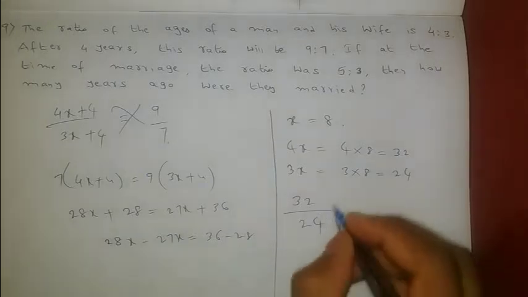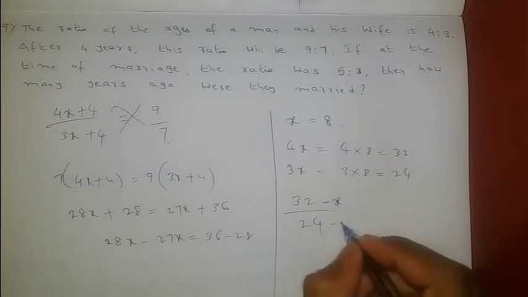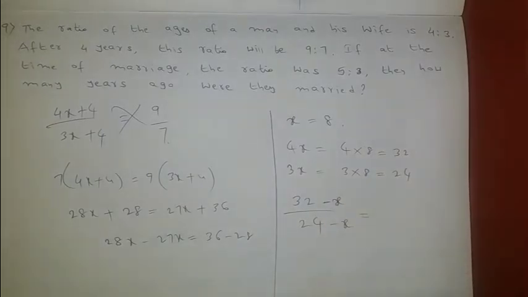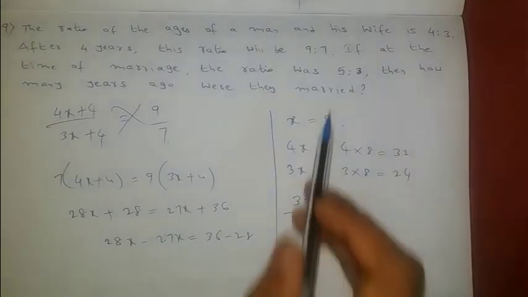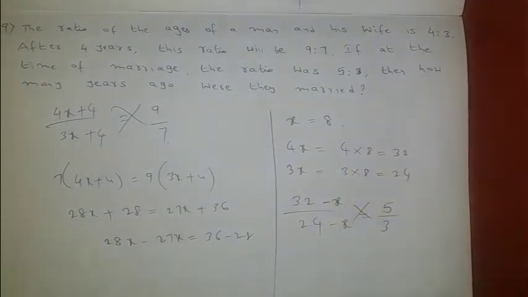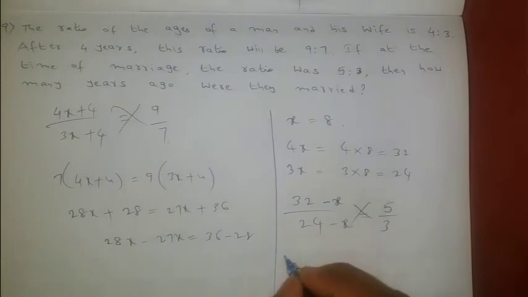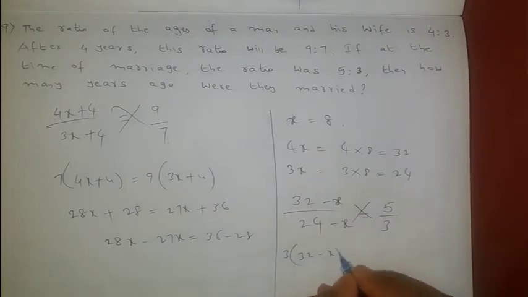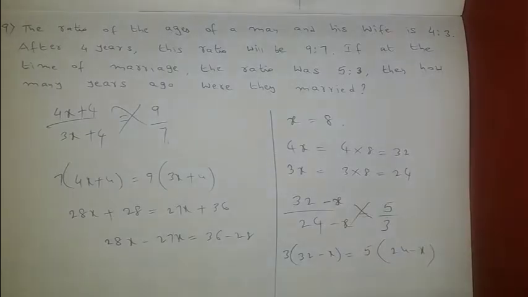How many years ago they married, we don't know. That's why I'm taking as minus x, minus x. That time when they were married, the ratio was 5:3, nothing but 5/3. If we do cross multiplication, 3 into 32 minus x is equals to 5 into 24 minus x.